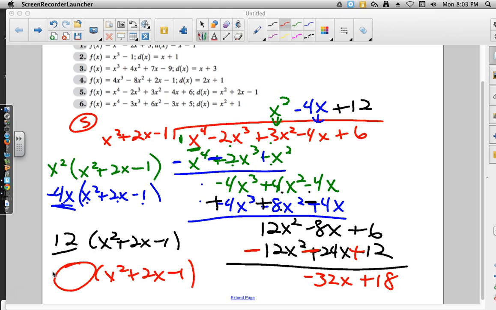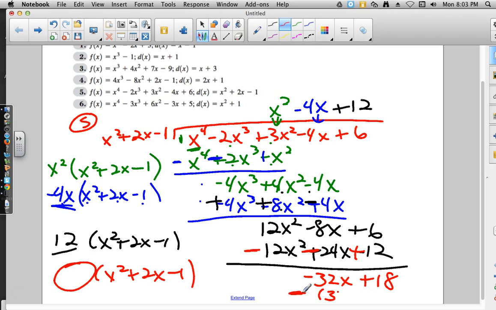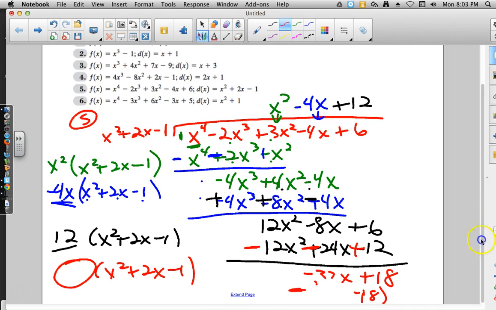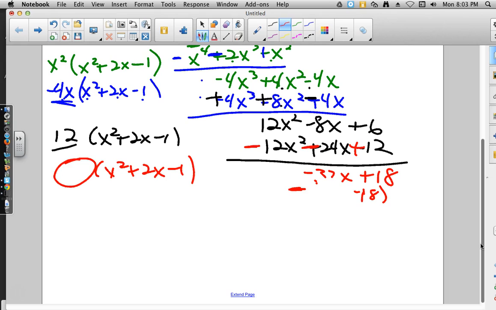We could go ahead and pull the negative out and make this a minus, and that would be 32x minus 18. I forgot the 2 down there. See if I can move this up so you can see that a little bit better. All right, so we could do minus, or a negative really, of 32x minus 18.